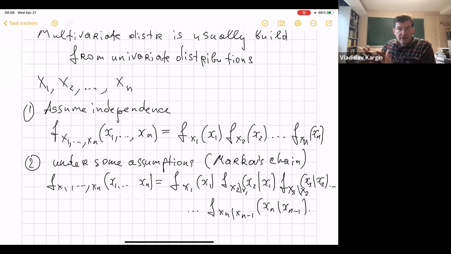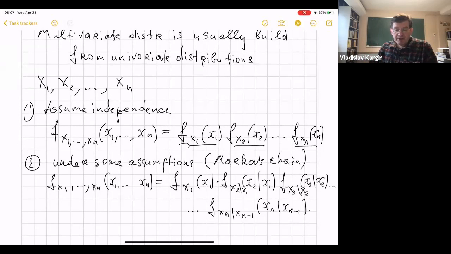The general idea is that you model many random variables by using univariate ones. In the first example, it was just a product of functions where each function depended on one random variable, the density of one random variable, and you just take a product.